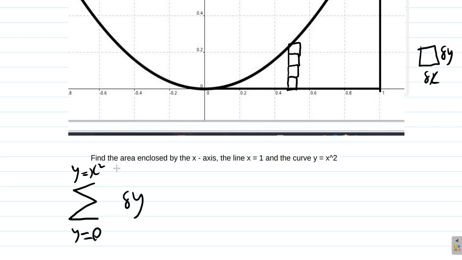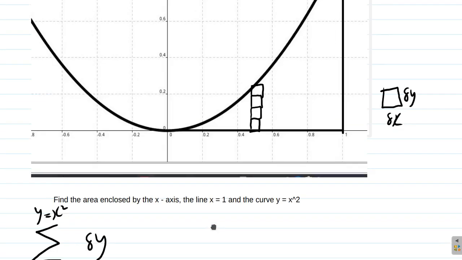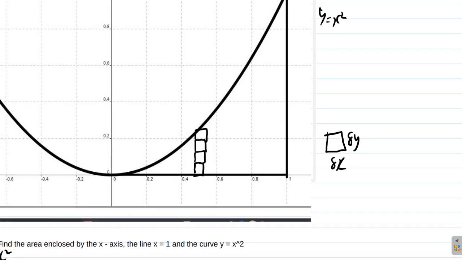That's where we're adding up. So you can see that the ceiling is not a fixed number. At this point, we would move from here up to the curve, and the height would change as we go along.